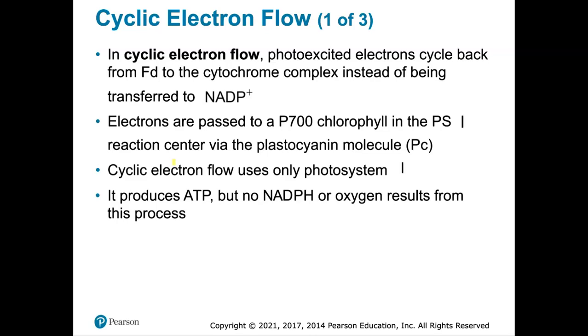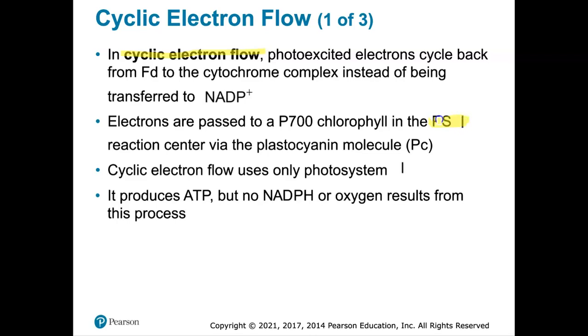Now, there is another mechanism, I guess you would say, for the light reactions. And instead of being linear or non-cyclic, this is called cyclic electron flow. Basically, this only happens with photosystem 1.